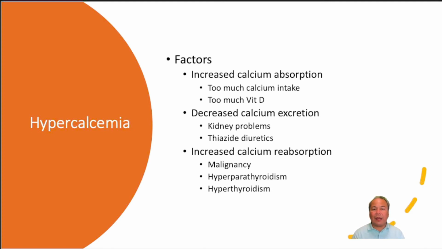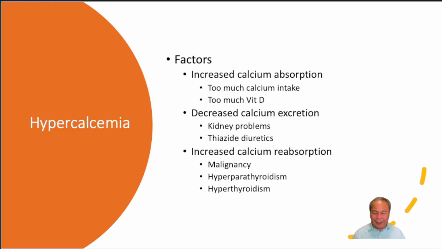So what are the factors that cause hypercalcemia? There are three things that I can think of that would help you remember the causes of hypercalcemia. Remember, calcium, you take it by mouth and you have to excrete it out. If you take too much without excreting it out, then there is a tendency for that calcium level to go up.